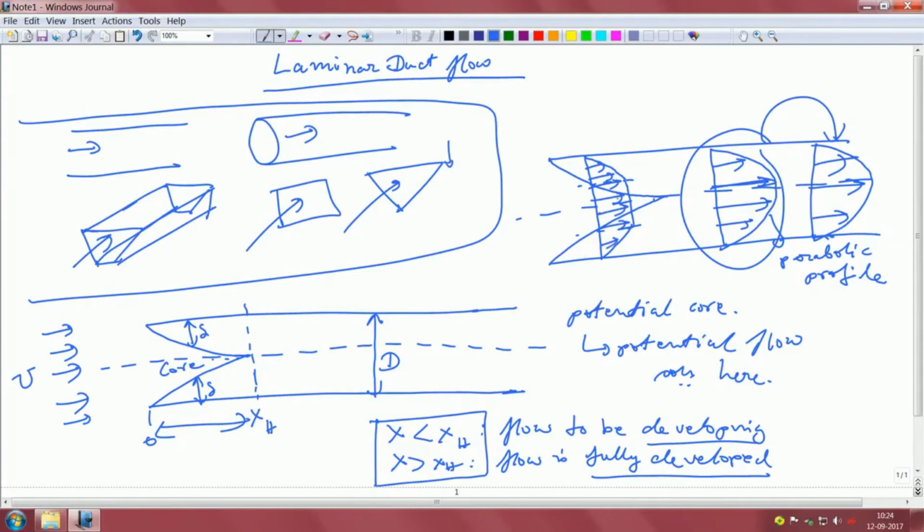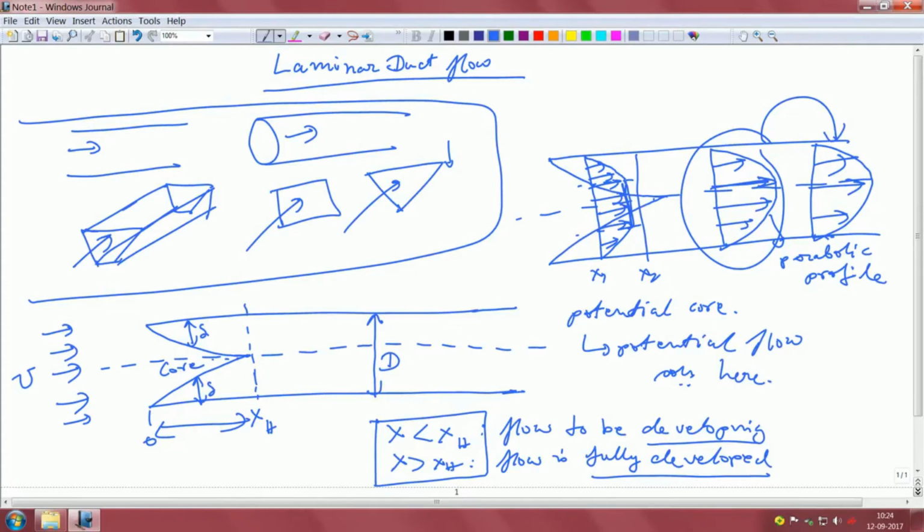This potential core, that means the flat region, will accelerate as you go to the next level. This is the profile at x1; if you take another at x2, you will see that the velocity at the potential core, there is only one single velocity because the flow is uniform there, will increase with distance.